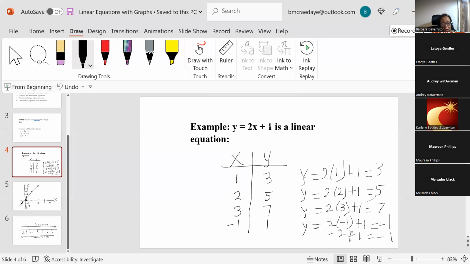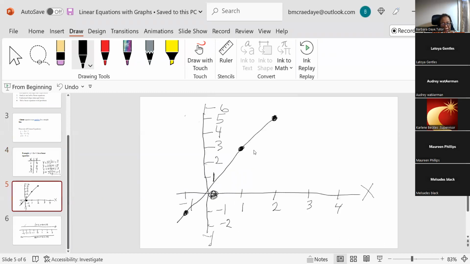So that's the equation, right? So the Y is 2 times the value of X added to 1. So if you put it in words, that's what you would say. 2 times the value of X, 1 added to it would give you the value of Y. So now you have it in words, you have it as an equation, you have it as a table, and then you have it here as a line graph and a straight line.